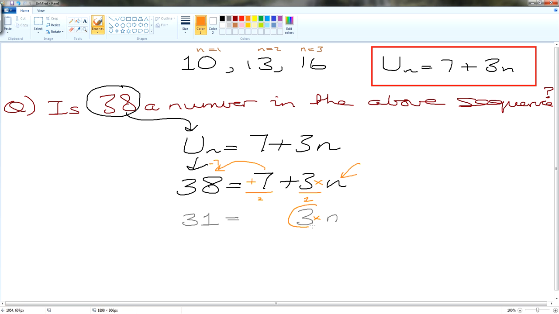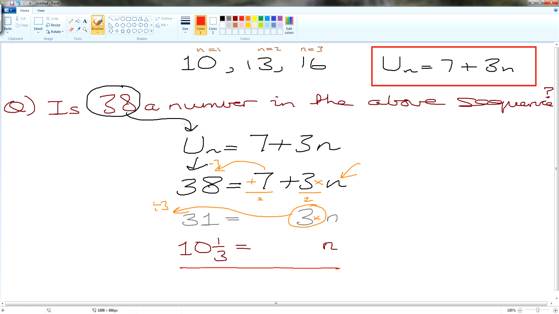Opposite of times by 3 is divide by 3. So 31 divided by 3 will give you 10 and a third.